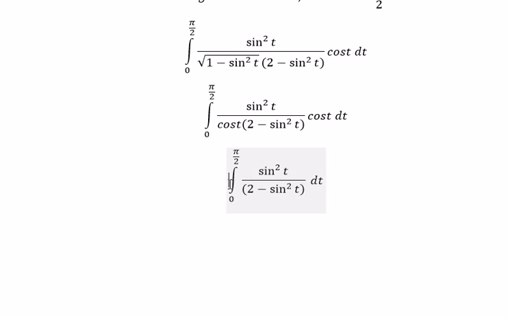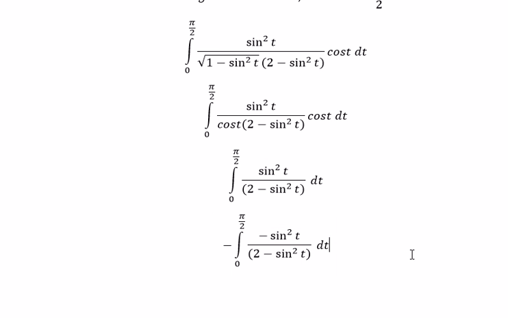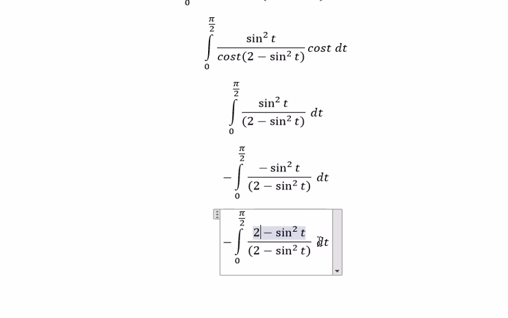So the next one, we put negative in here. So that means we have negative in here. We put number 2 in here. That means we need to minus number 2 in here.